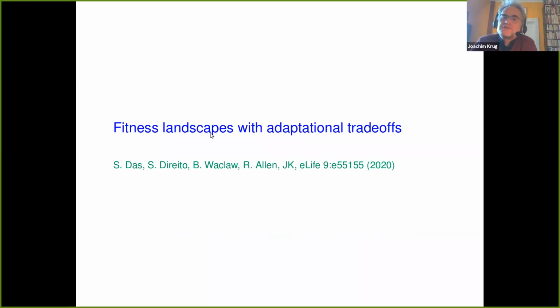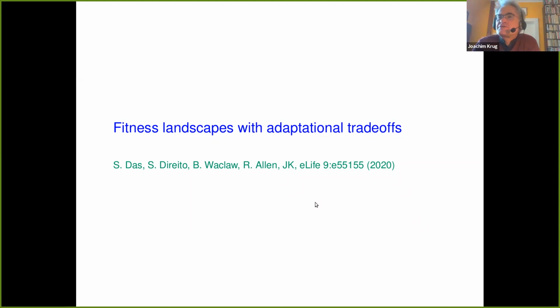That is, it addresses on the one hand how these resistance landscapes change with concentration, and on the other hand, what kind of epistasis you can expect. This is joint work with the Edinburgh group, and the lead author was Suman Das, who is now a postdoc in my group, and this was published in eLife last summer.